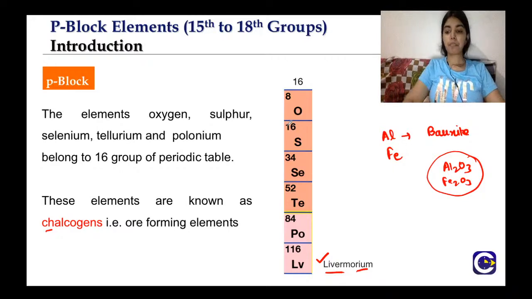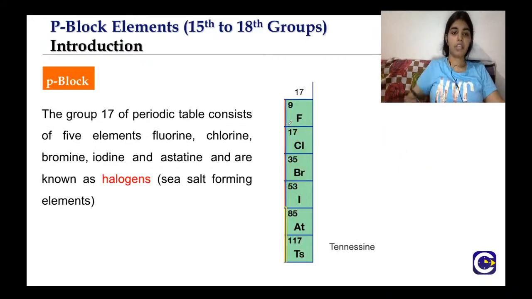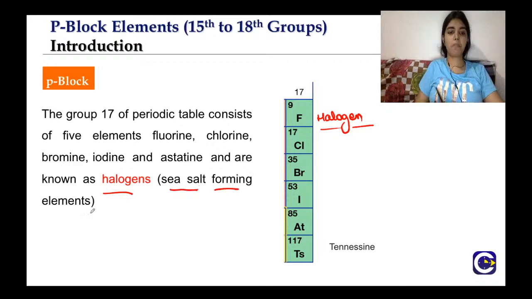Okay. Now group 17 is known as the halogen family. The members of this group are fluorine, chlorine, bromine, iodine, astatine and tennessine. These are known as halogens, and they are sea salt forming elements.